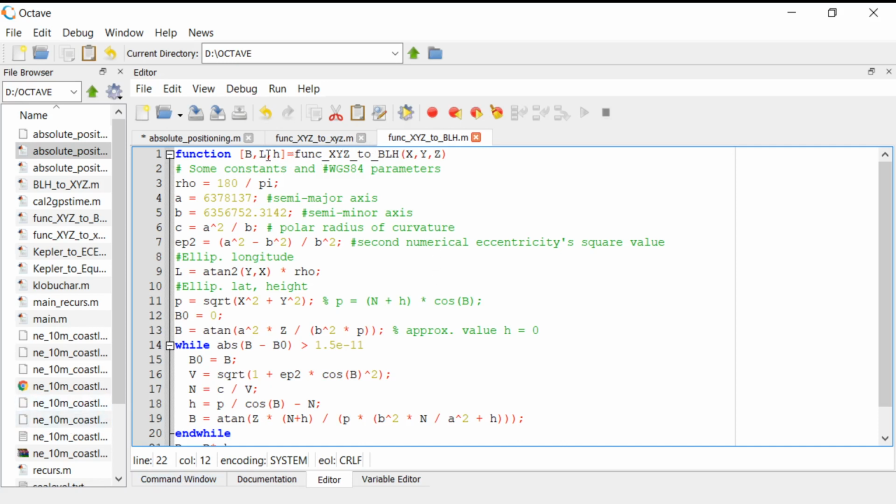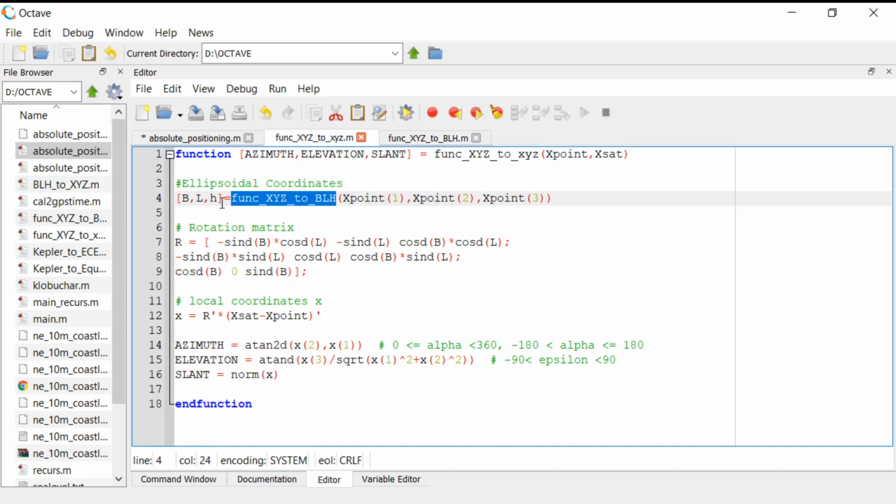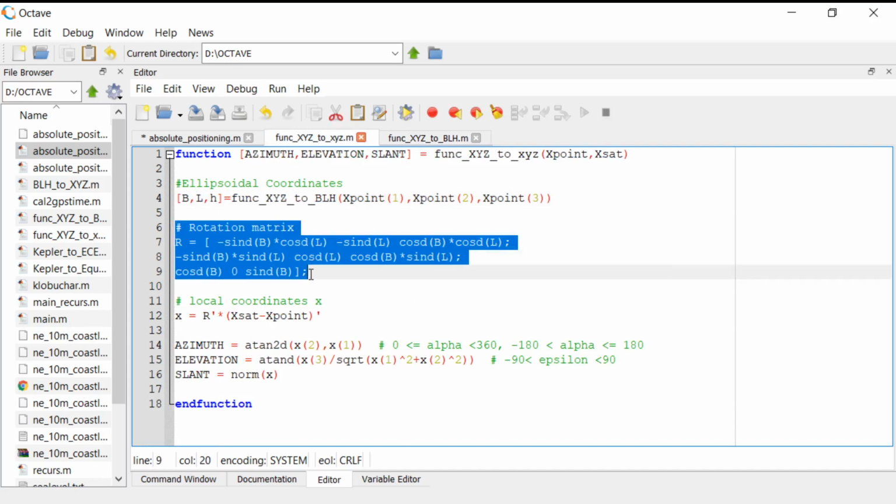After this B, L, and H are computed, you can now create the rotation matrix, the rotation matrix from the Cartesian system to the local system. This is realized by using the value.